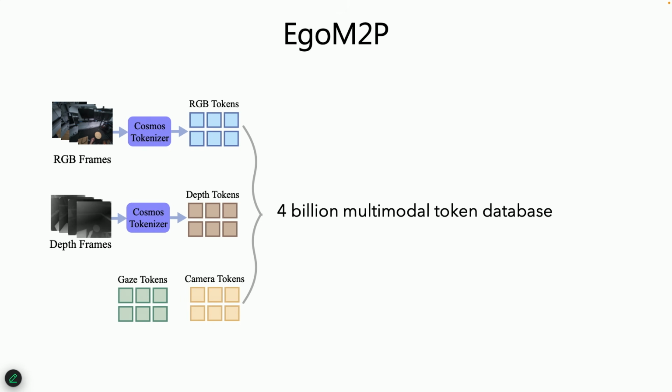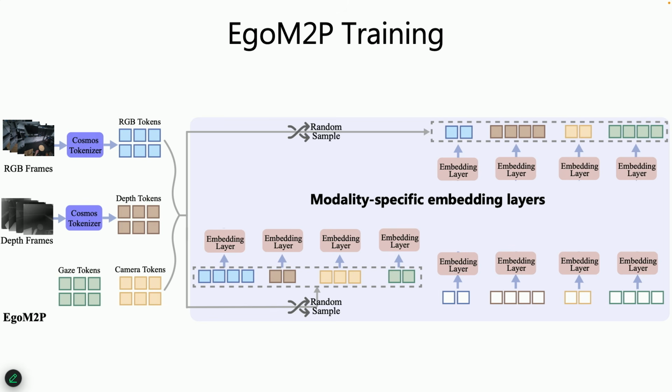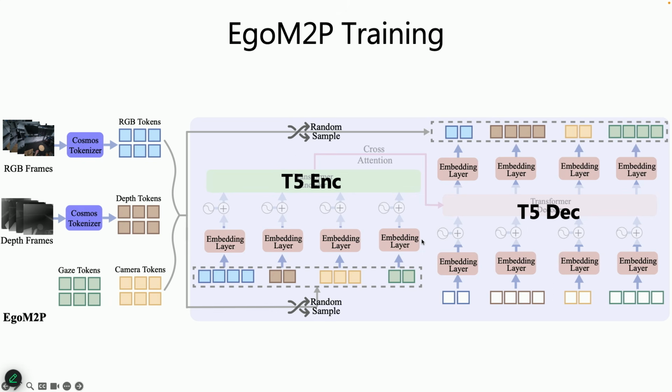Given this multimodal token database, we leveraged a very simple masked autoencoder framework. For this framework, given all these tokens from different datasets, we first have modality-specific embedding layers, and then a transformer masked autoencoder, a transformer encoder and decoder, to learn these features.